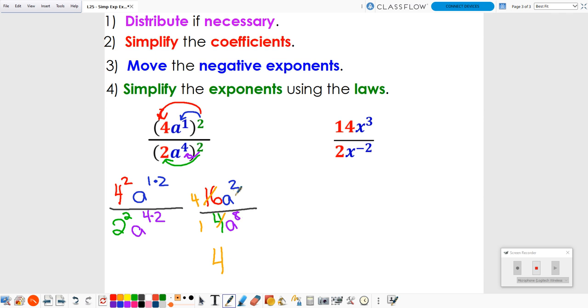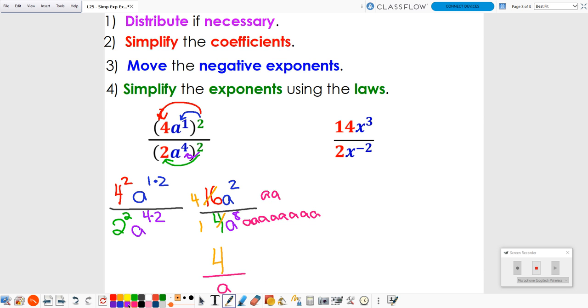Now, let's use our new kind of thinking on this. If I look at this, I have 2 a's on the top. I have 8 a's on the bottom. I have more a's on the bottom. 1, 2, 3, 4, 5, 6, 7, 8.